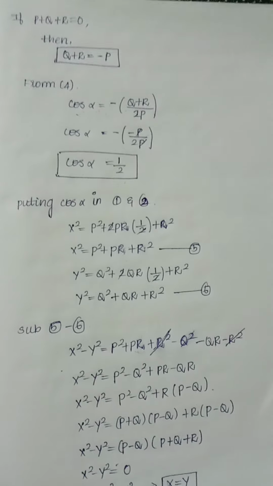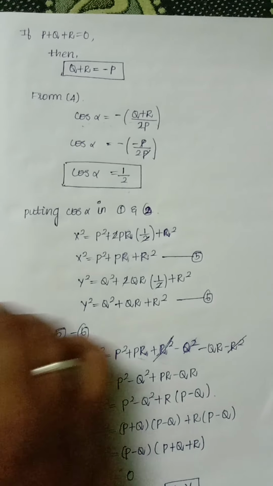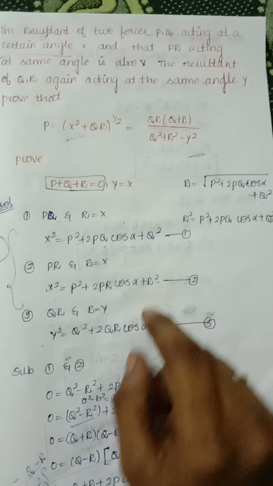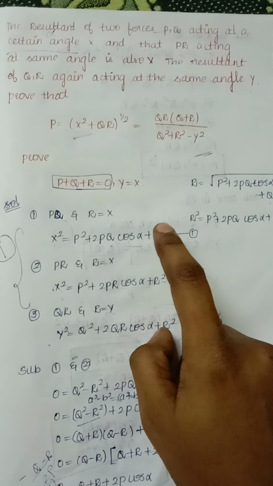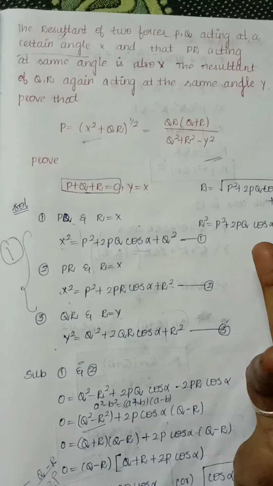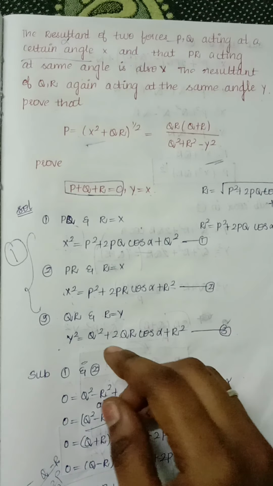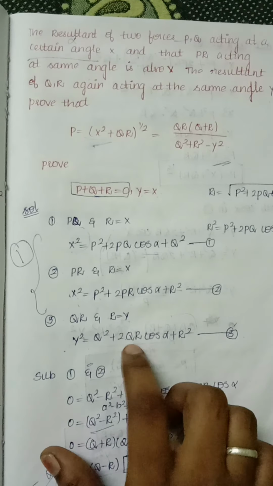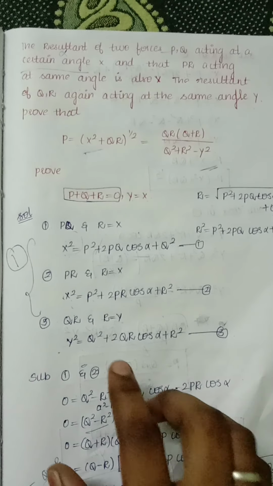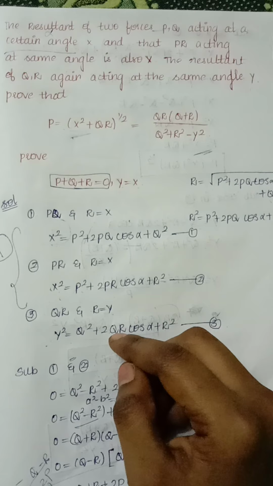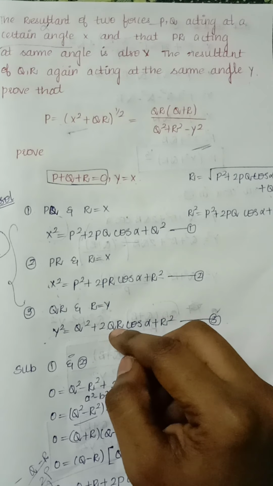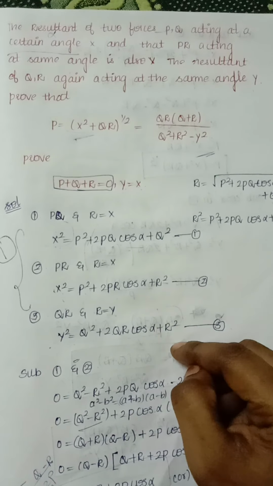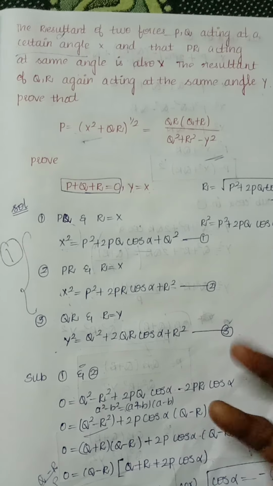For our substitution and simplification, we use the second equation and the third equation. If we use the first and third equations, we do not get our answer. So we take the second and third equations, because here r square is common, whereas with q square and r square there are no cancelling terms.